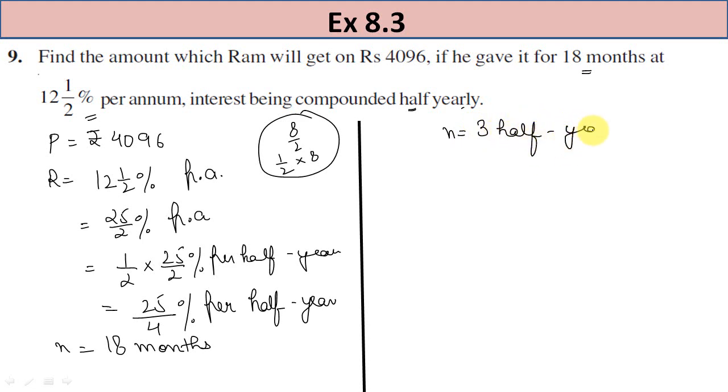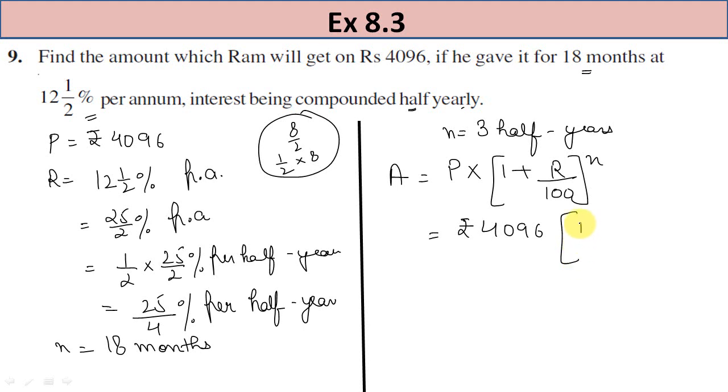So now let's find out the amount, which is principal into 1 plus rate upon 100 raised to the power n, which is equals to rupees 4,096 into 1 plus 25/4 into 100 raised to the power 3.